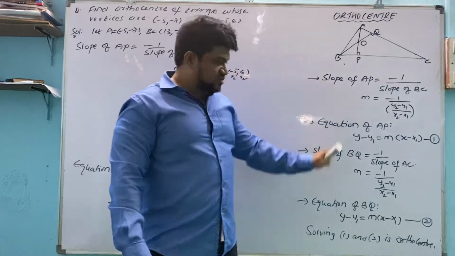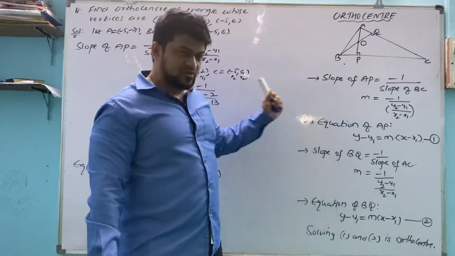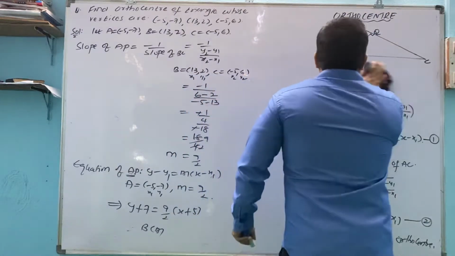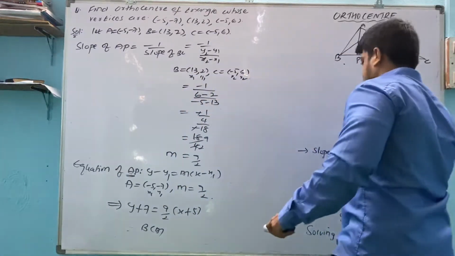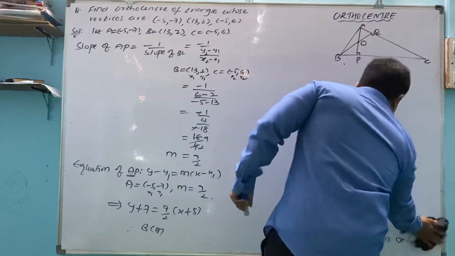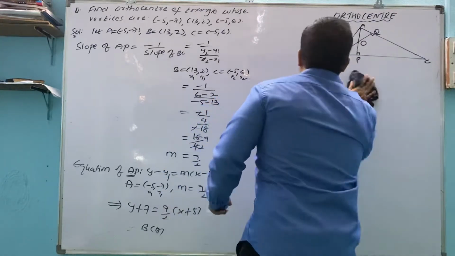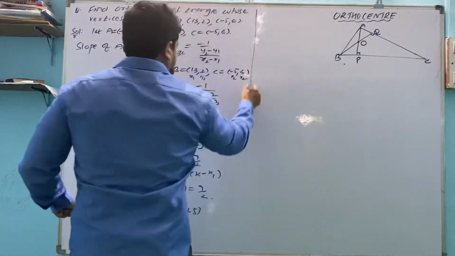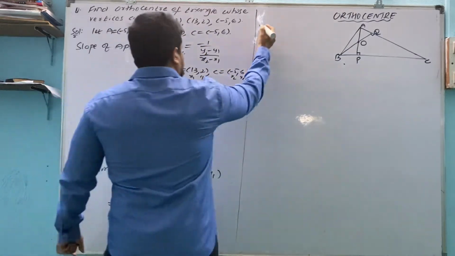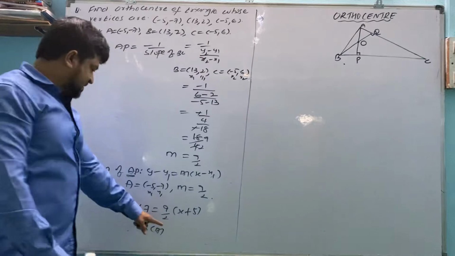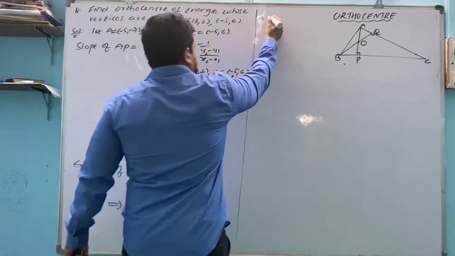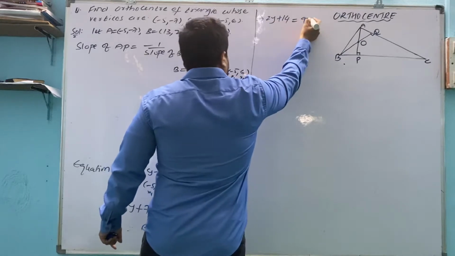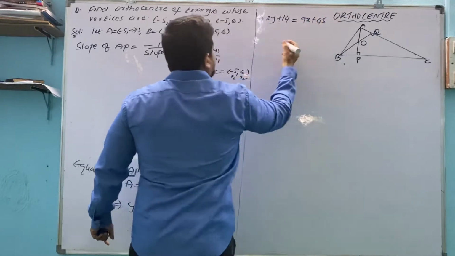Reverse the video, first copy down this one, learn this, then you can follow the steps. We are in step 2 now. If we cross multiply, 2 is cross multiplied: 2y plus 7 times 2 is 14, equals 9x plus 9 times 5, which is 45.